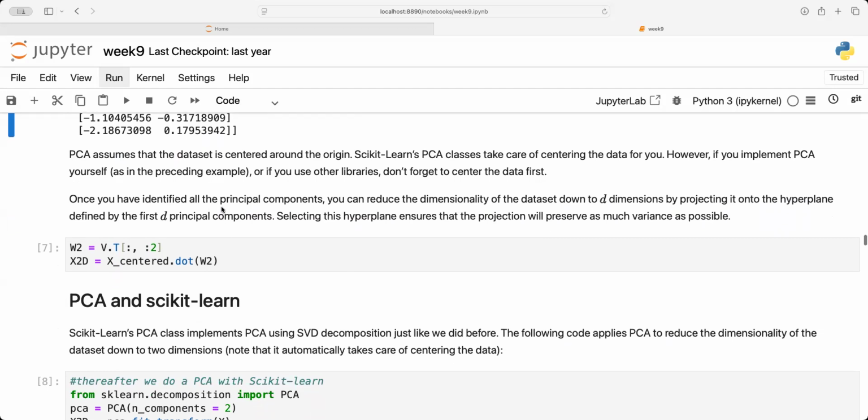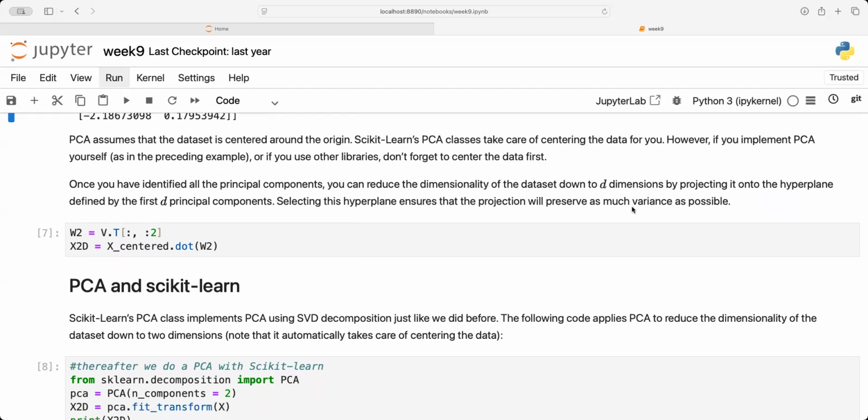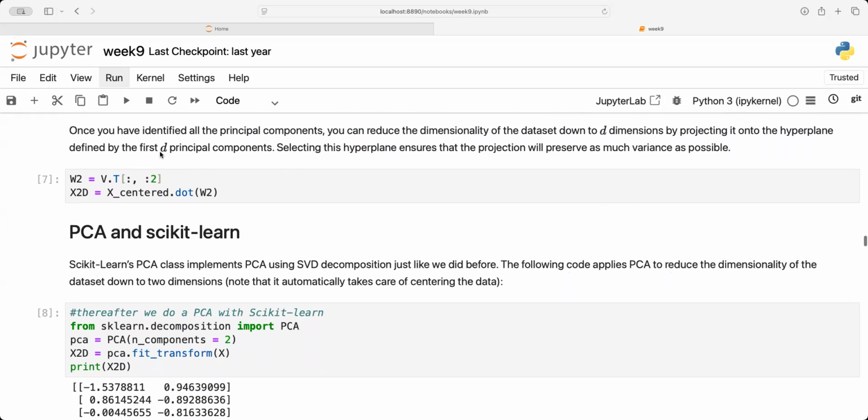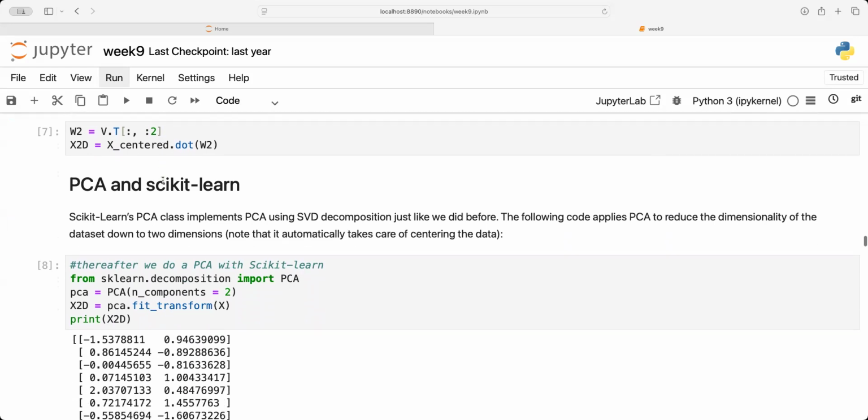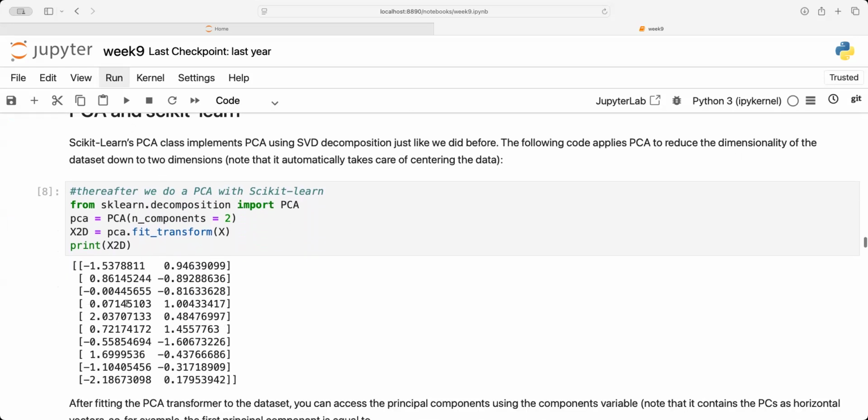And once you have identified all the principal components, you can then reduce the dimensionality of the data set down to D dimensions by projecting it onto a hyperplane defined by the first D principal components. And this is something which you could define here. You want to keep the first two, which are these two here. So of that matrix, which was a 10 by 5, the covariance matrix becomes a 5 by 5 matrix.